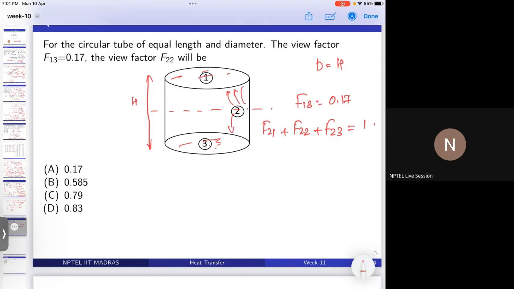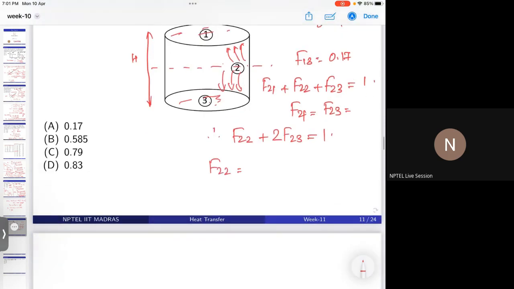If the shape is symmetric, F21 should be equal to F23. So it will come out to be F22 plus 2 times F23 equals 1, and F22 should be equal to 1 minus 2 F23, which is equal to 1 minus 2 times F21.